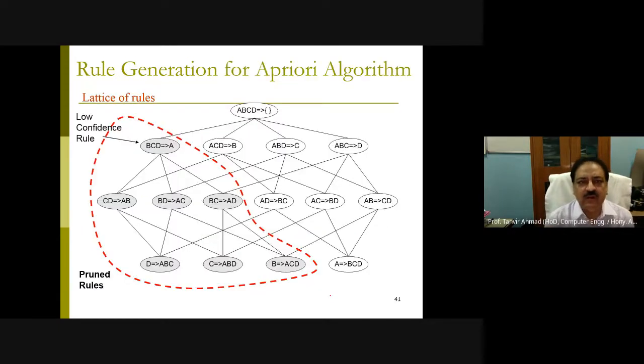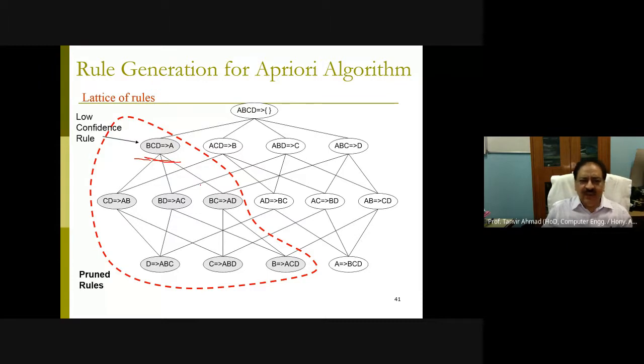Now let us try to show you one of the things. For example, I have some lattice like this, where you find that these rules, for example BCD, over here I have some low confidence rules.